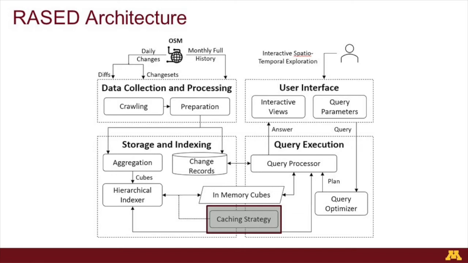These cubes are selected based on available memory in the system, in addition to a few other parameters that are configured for the system, which control the trade-off between the coverage, or the total period of cached cubes, and the temporal granularity of details in these cubes.